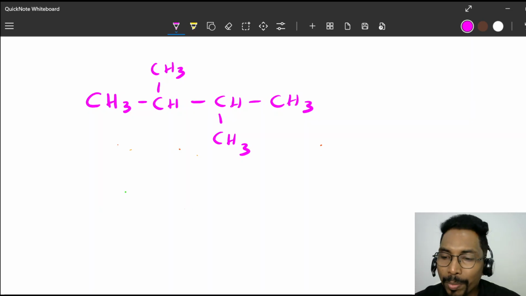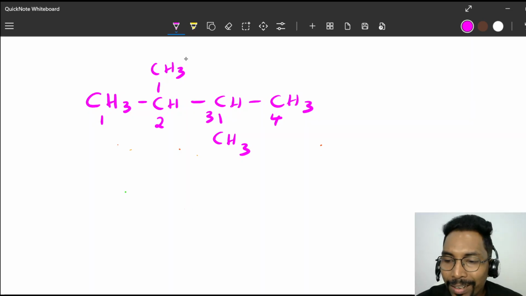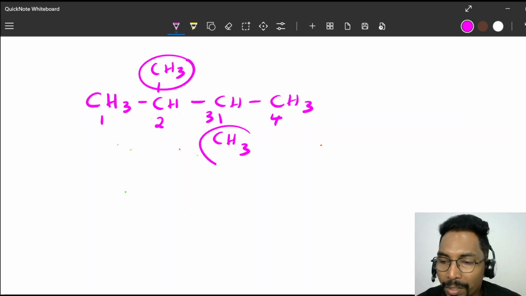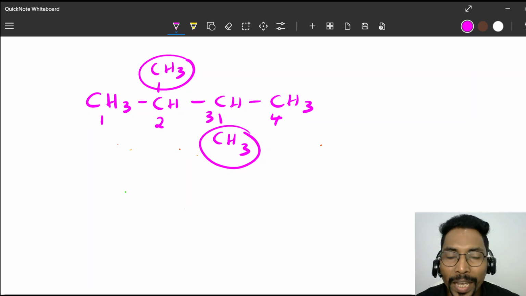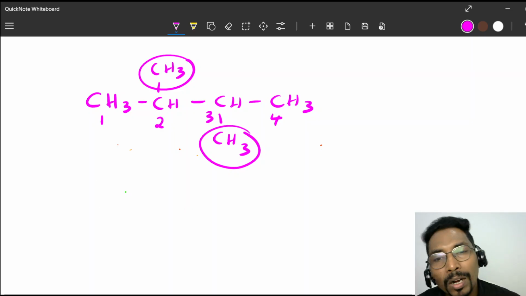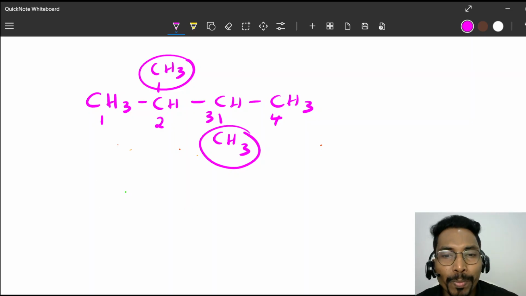If this is the compound, how will you number first? You can number like 1, 2, 3, 4. So this is your parent chain and you have two methyl branches. One branch is on the second carbon and one branch is on the third carbon. So both branches you should mention.